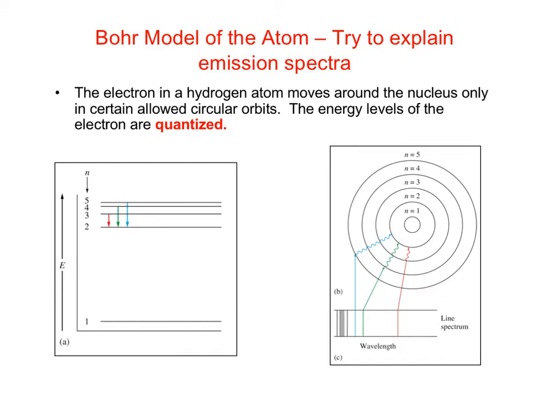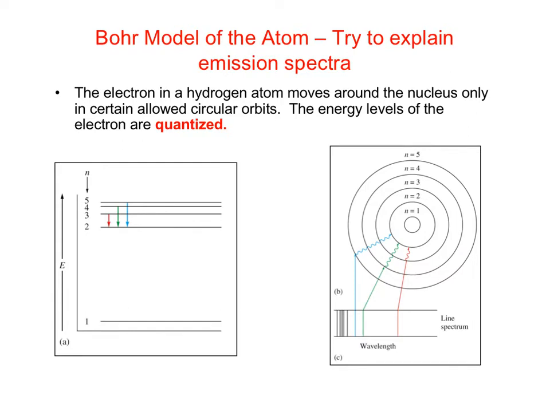And one thing that the Bohr model got right is that the energy levels of the electron are what we call quantized. That is, only very specific energy levels are allowed, and this was related to how close the orbit was to the nucleus. And so the reason we only saw specific wavelengths of light being emitted is because the differences in energy between the different orbits was fixed.